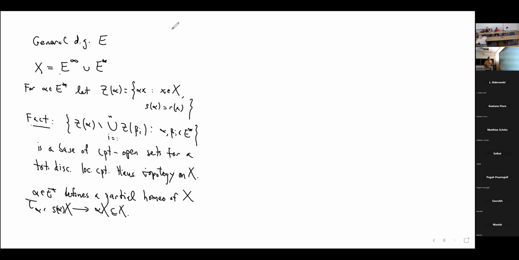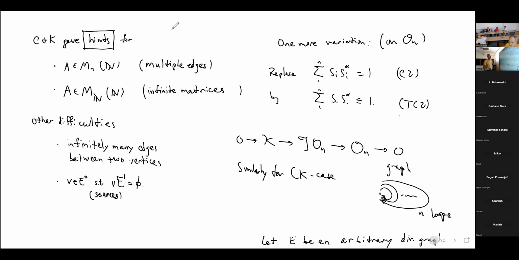Now, there's an important point. In the last slide, I mentioned the Toeplitz version of ON, which you can imitate for Cuntz-Krieger. So S alpha is the source of alpha, right? Yes.